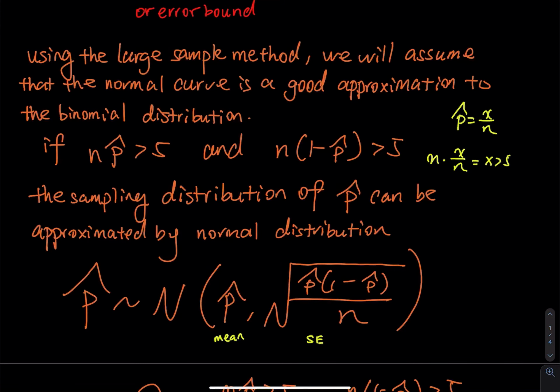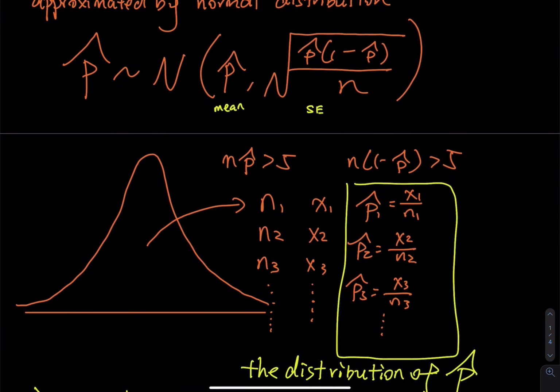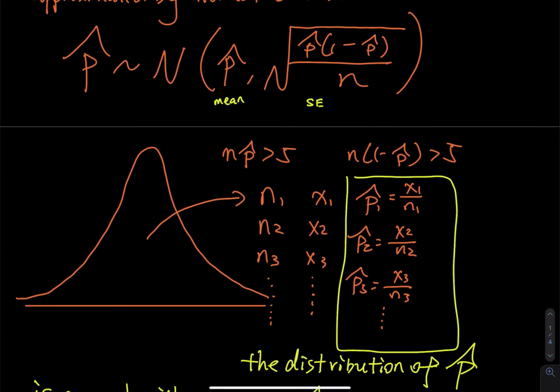To give you a picture of that, we have a normal distribution. Just like the central limit theorem, I keep taking samples. So I have n1, n2, n3: sample number 1, sample number 2, and sample number 3. For each sample, I have a number of success, x1, x2, x3. And for each sample, I have a sample proportion. So p1 hat equals x1 divided by n1, and p2 hat equals x2 divided by n2, and so on and so forth.